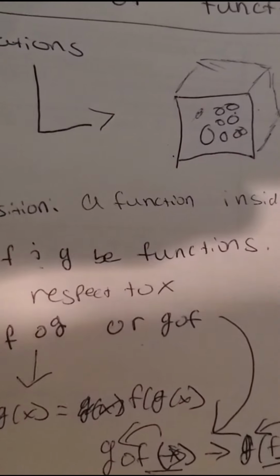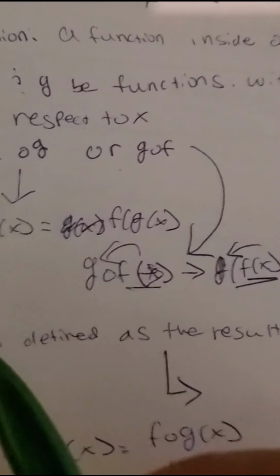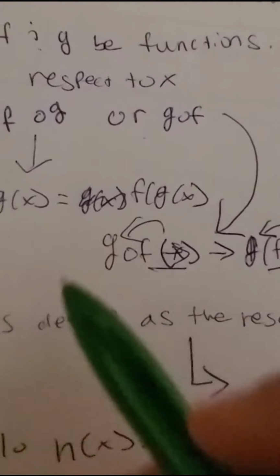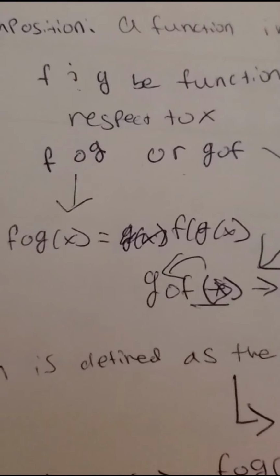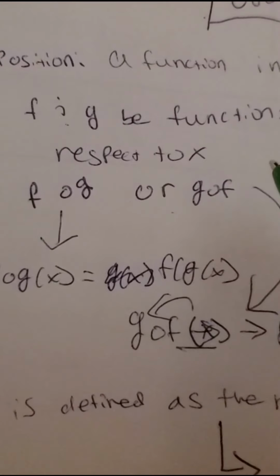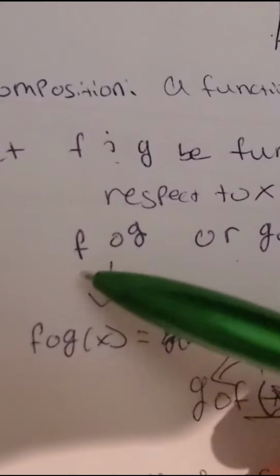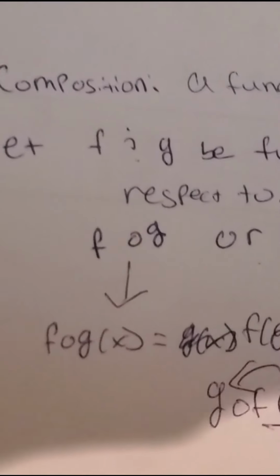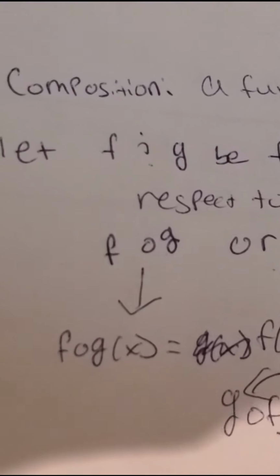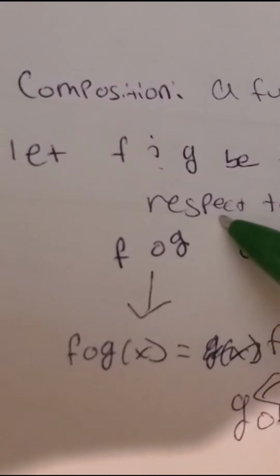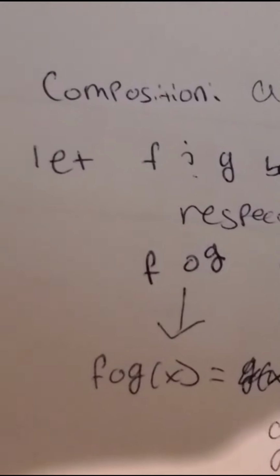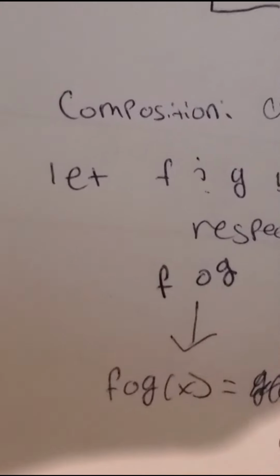Writing it in a more mathematical sense, let H be defined as the result of a composition, and let F and G be functions with respect to X. We define F composed with G, which is written as F∘G, and G composed with F, written as G∘F. F∘G is written as F of G of X, and G∘F is written as G of F of X, which is written down here.